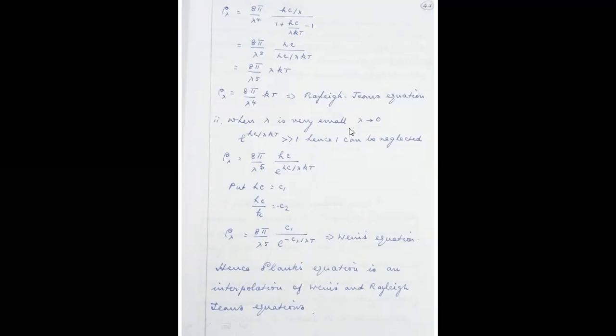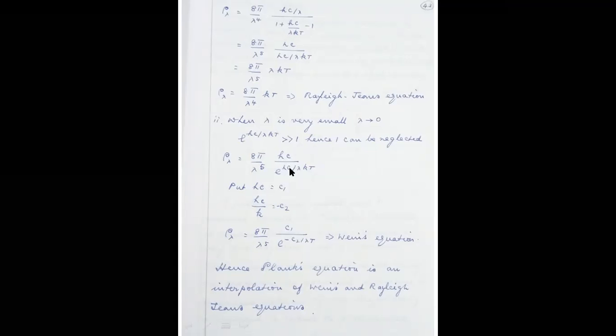When lambda is very small, then e power hc by lambda kT becomes much greater than 1. Therefore, 1 can be neglected. So when 1 is neglected, you are getting 8 pi hc by lambda power 5 divided by e power hc by lambda kT. Now, because h is a constant and c is a constant, put 8 pi hc as c1.